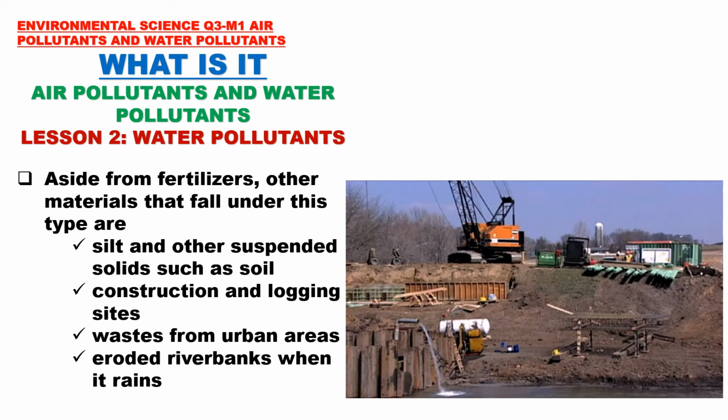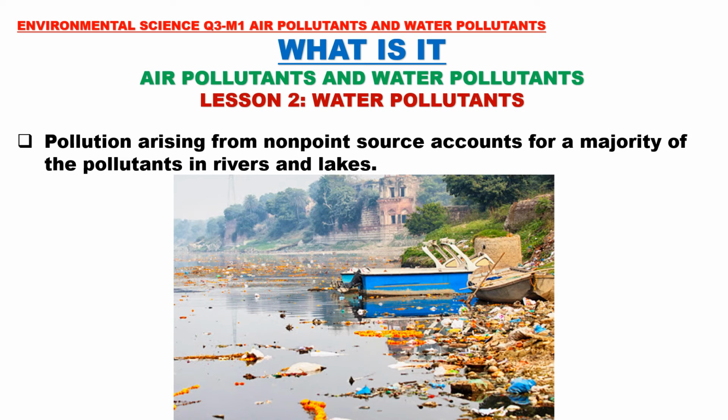Aside from fertilizers, other materials that fall under this type are silt and other suspended solids such as soil, construction and logging sites such as this one in the picture, waste from urban areas, and eroded riverbanks when it rains. Pollution arising from non-point source accounts for a majority of the pollutants in rivers and lakes.